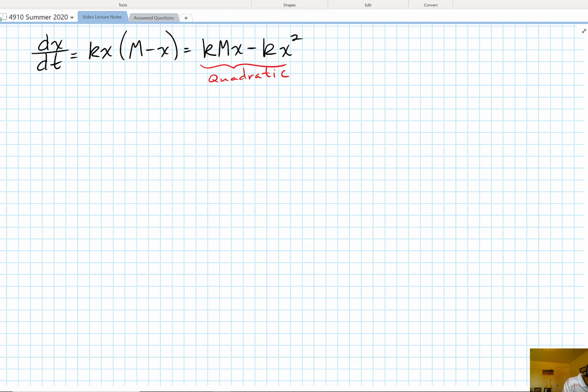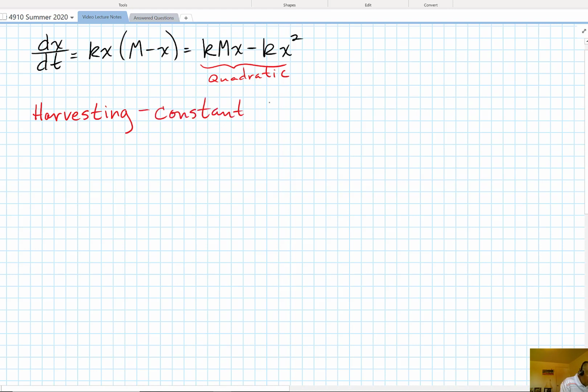So the last situation we'll consider is, suppose we have this population of rabbits that lives on this island with a carrying capacity of M, and we are going to be harvesting these rabbits. Okay, so we're going to be hunting them and using them for food, or selling them to kids for pets or whatever. But we're going to be removing them at a constant rate.